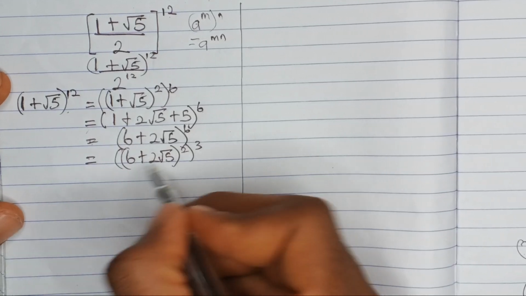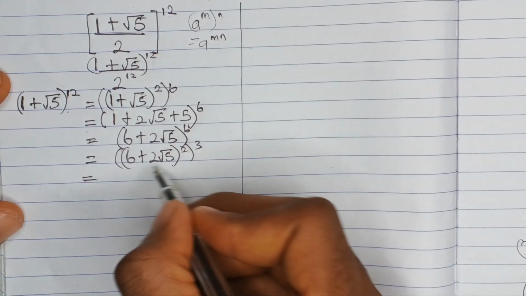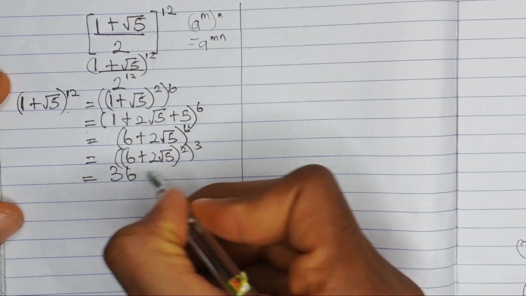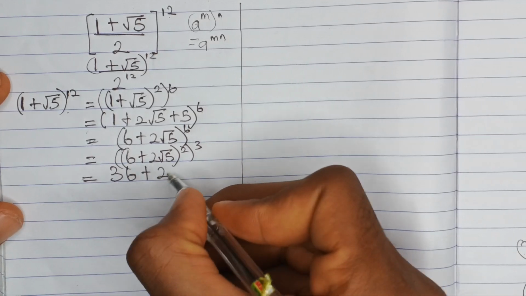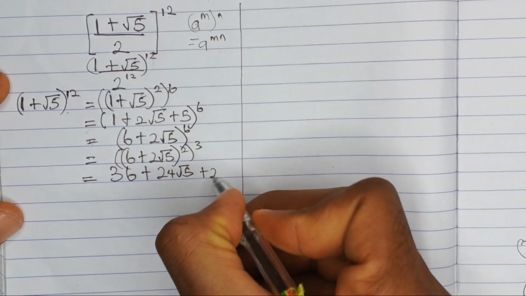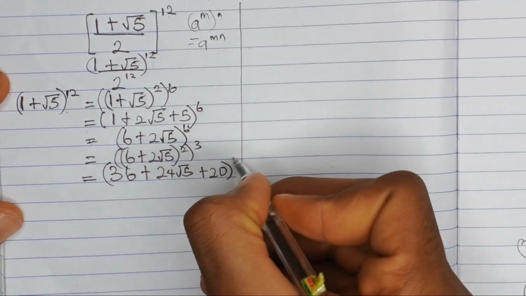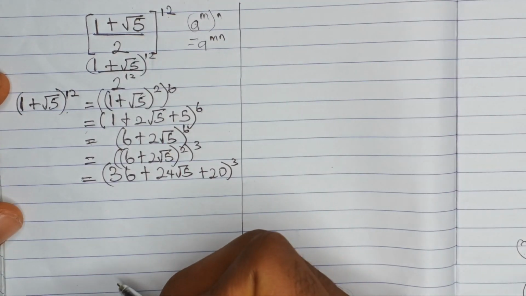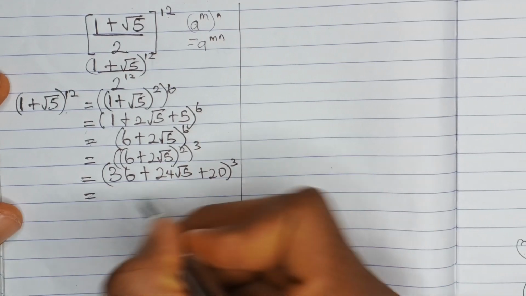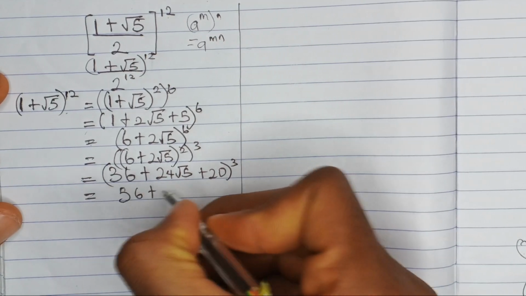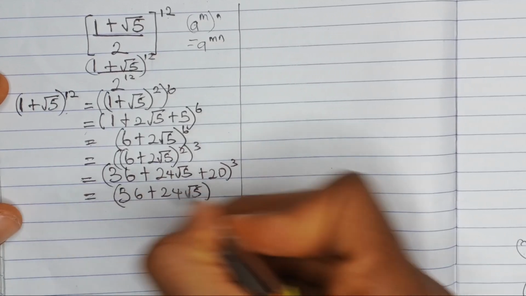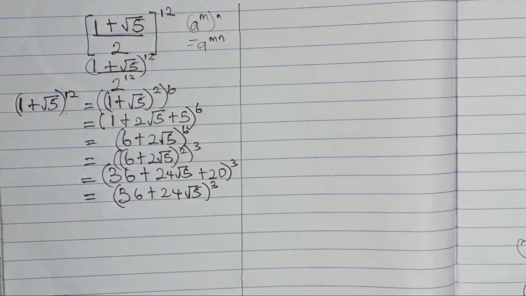Now, 6 plus 2 root 5 raised to power 2 is equal to 36 plus 24 root 5 plus 20, all raised to power 3. Now, if you add this, you get 56 plus 24 root 5 all to the power of 3.